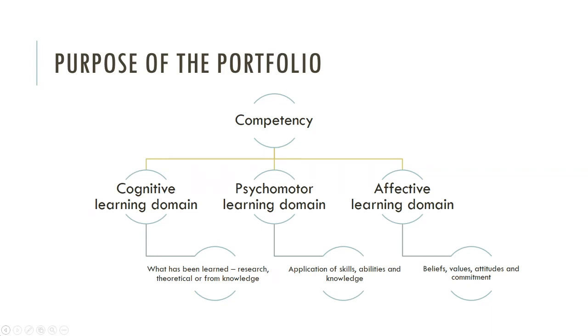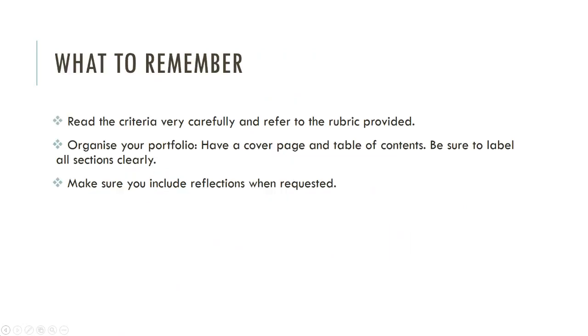We are also looking at the psychomotor learning domain, in terms of whether or not you are able to apply skills, whether you are able to demonstrate your abilities as well as knowledge. And then, of course, the affective learning domain, where we also see the progression of beliefs, values, attitudes, as well as commitments. So remember, when we are thinking about a portfolio, we are thinking quite holistically across all of these different competencies.